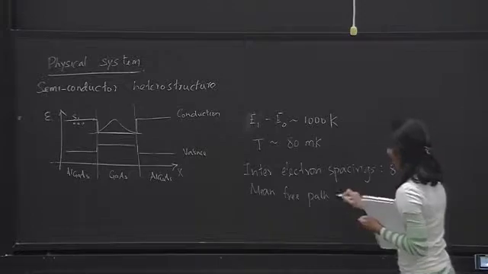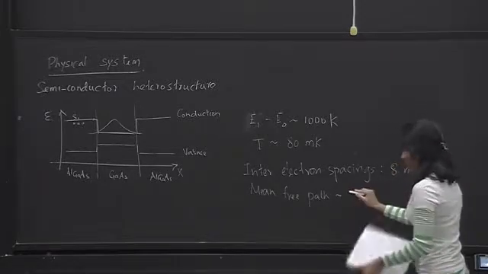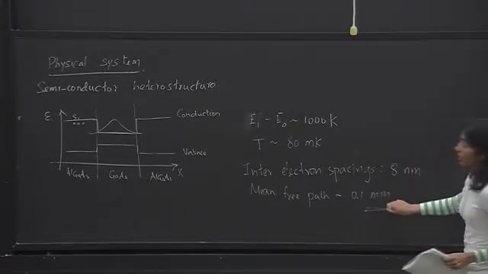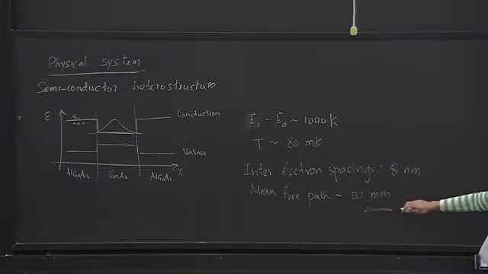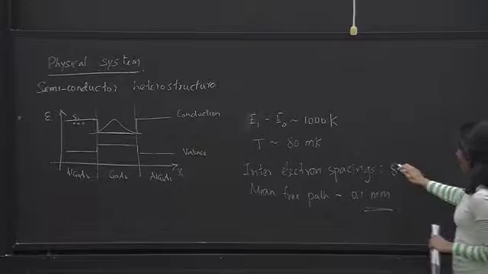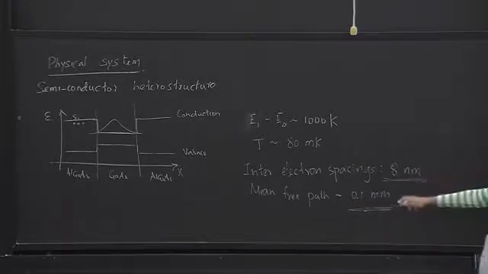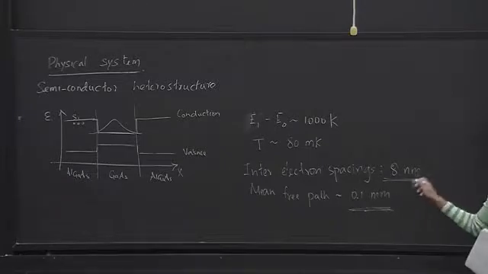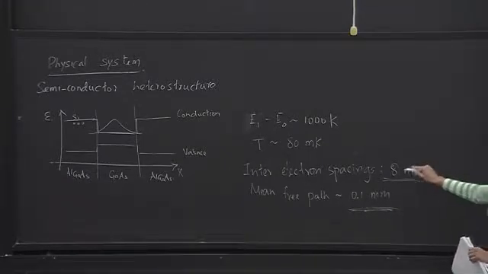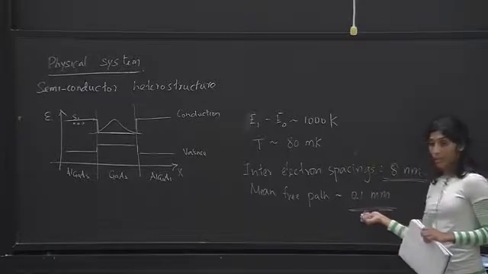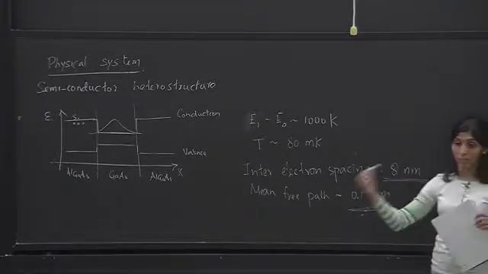How often does it scatter off some impurities that we've not talked about? But this mean free path is on the order of millimeters. So just look at the 7, 8 orders of magnitude between these two. An electron sees another electron every 8 nanometers. However, it sees an impurity from which it scatters only every millimeter.